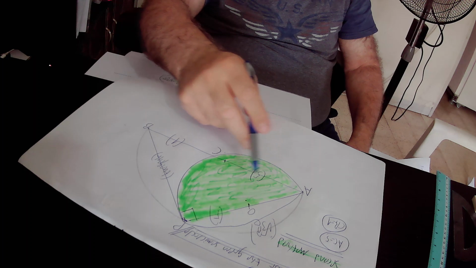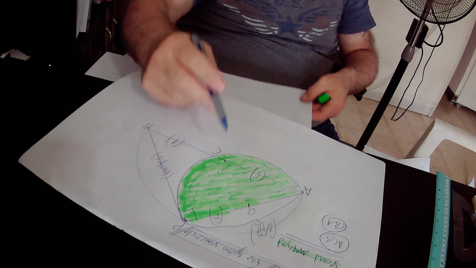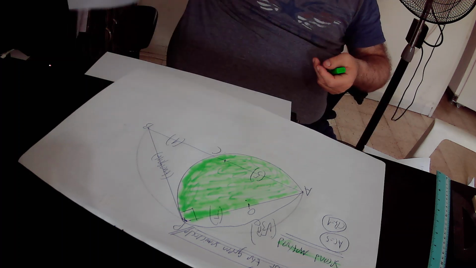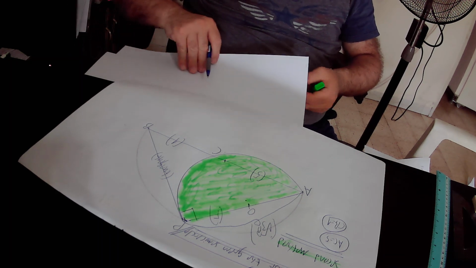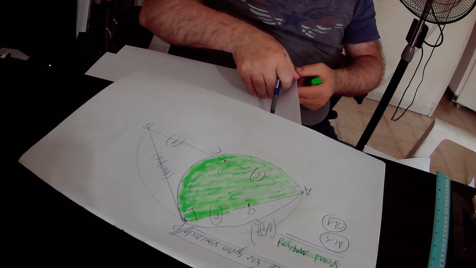So we define the radius. We already defined the radius of this green semicircle as R. Therefore, the radius R must be equal to the diameter AP over 2.